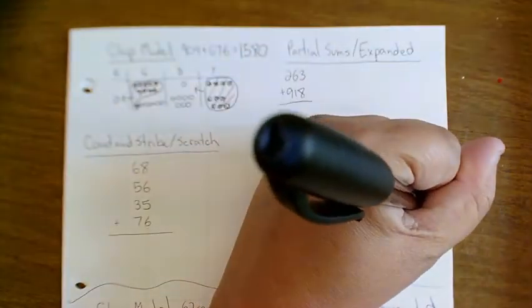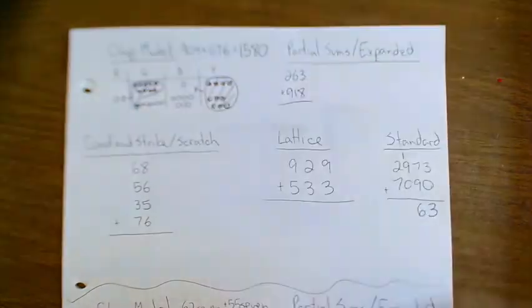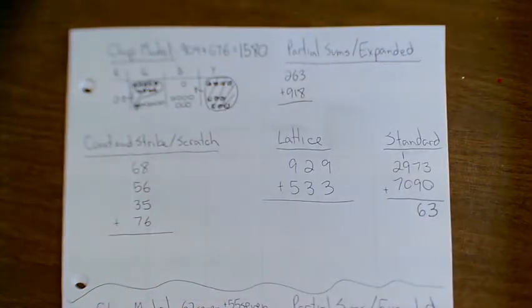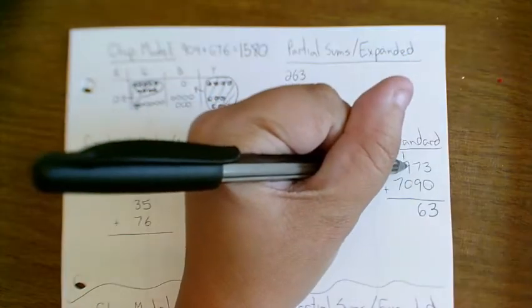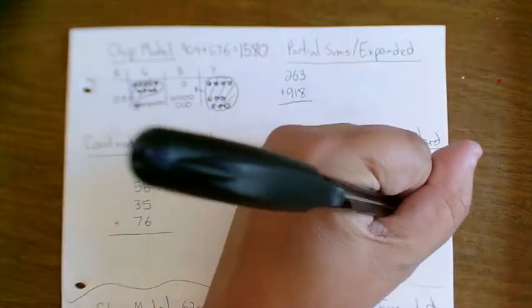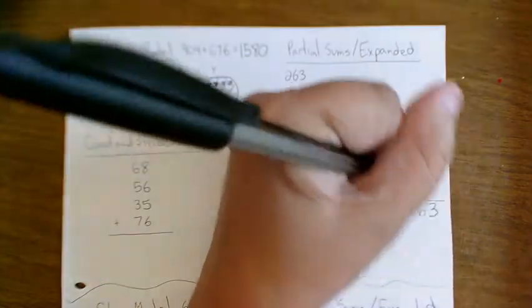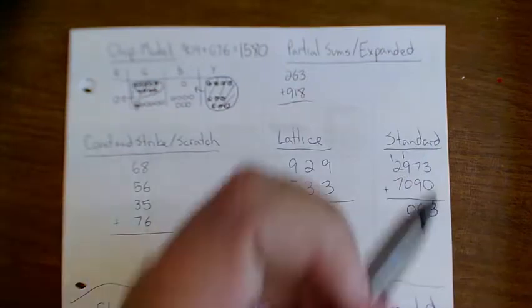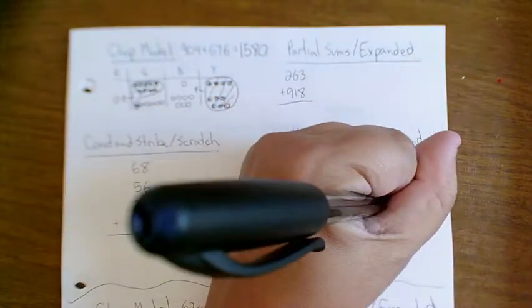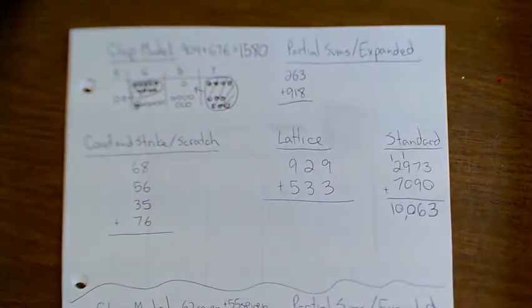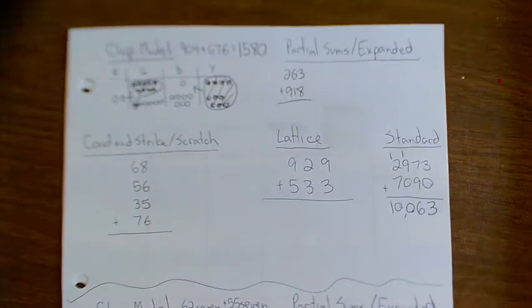So it says drop the 6, carry the 1 over to the next place value. 1 plus 9 is 10, so plus 0 would still be 10. So drop the 0, carry the 1, and then you have 7, 8, 9, 10. So 2,973 plus 7,090 is 10,063.